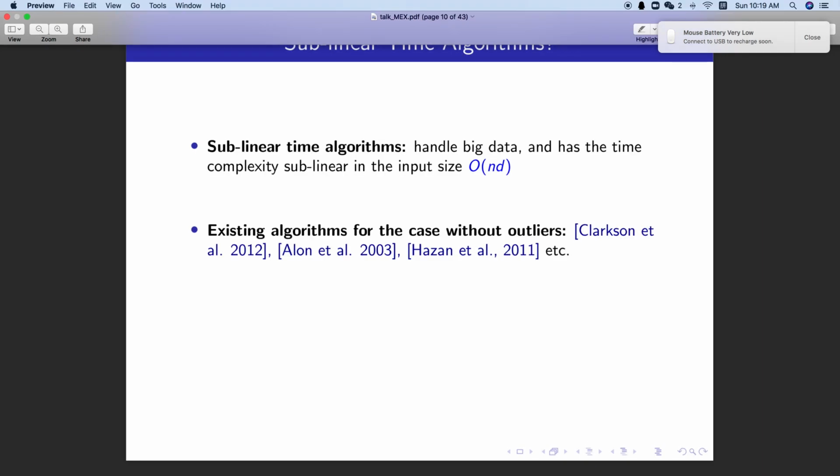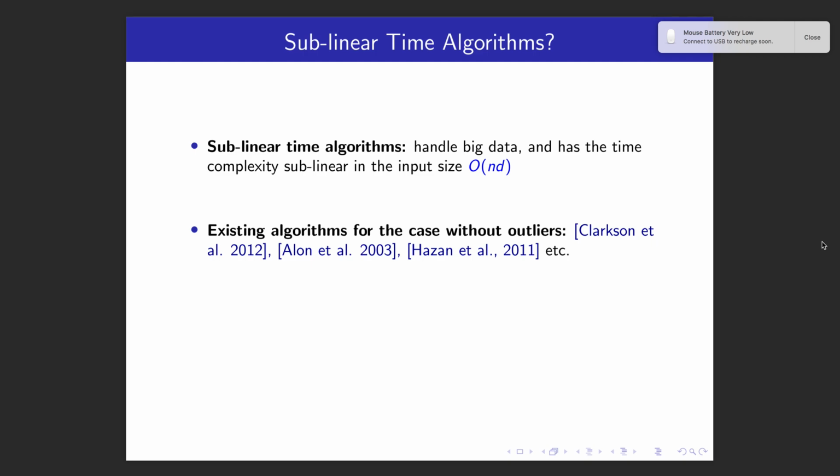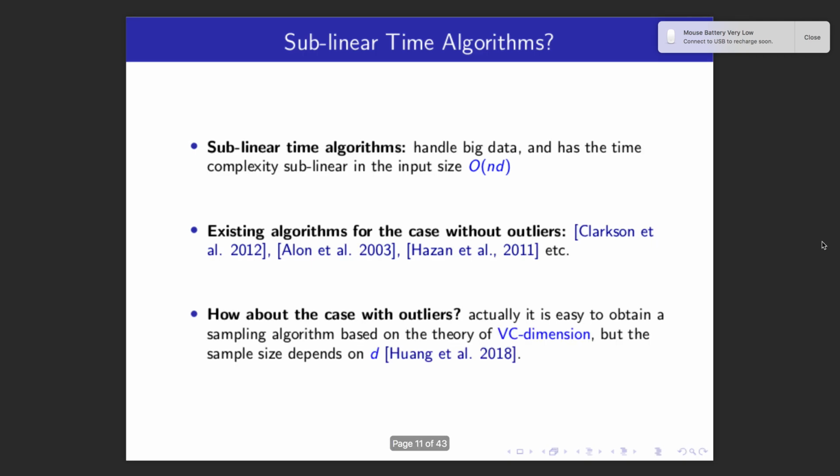And actually, for the case without outliers, like the ordinary k-center clustering or the ordinary SVM, there are some existing algorithms having time complexity sublinear in the input size. Here I list several references. But how about the case with outliers?